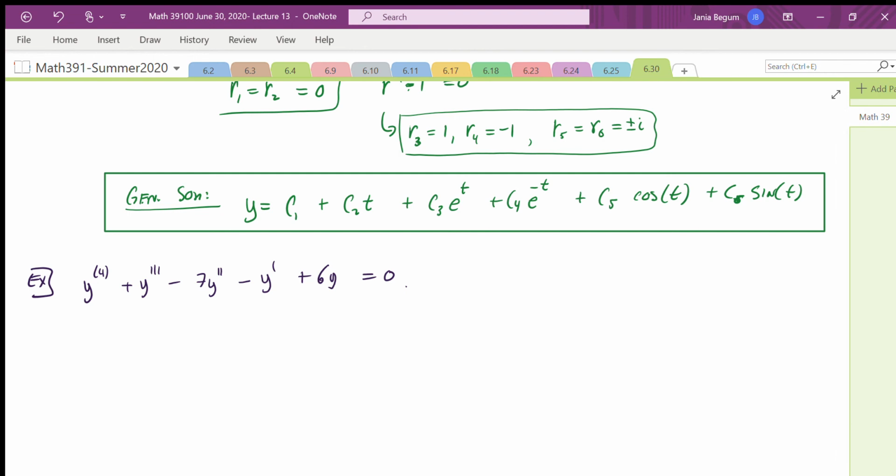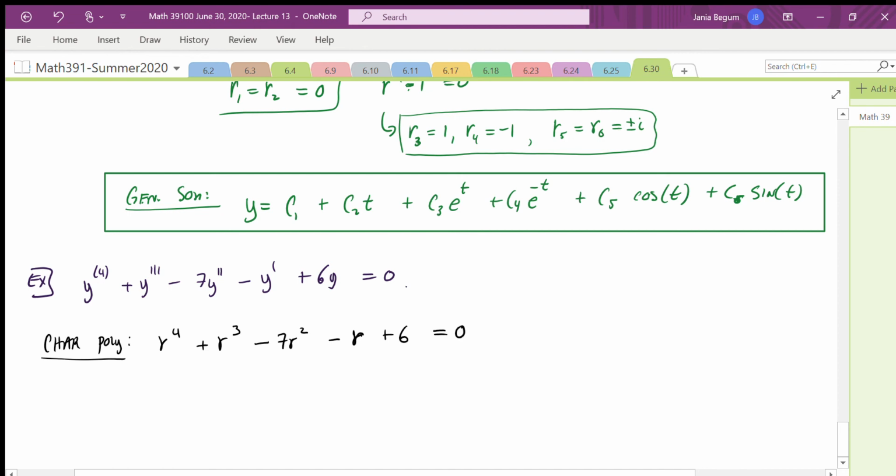So let's look at its characteristic polynomial. The characteristic polynomial of this is going to be r to the 4 plus r to the 3rd minus 7r squared minus r plus 6 equals 0.